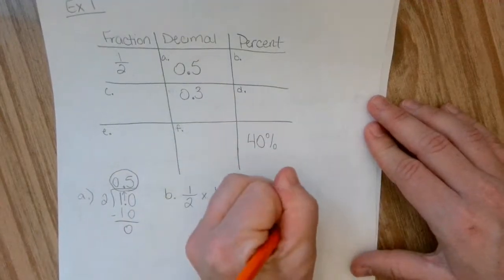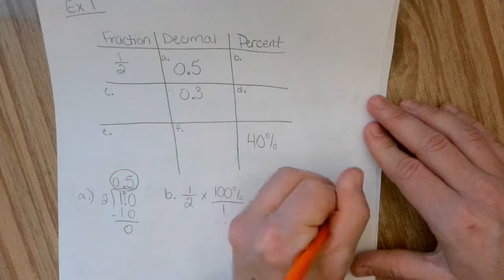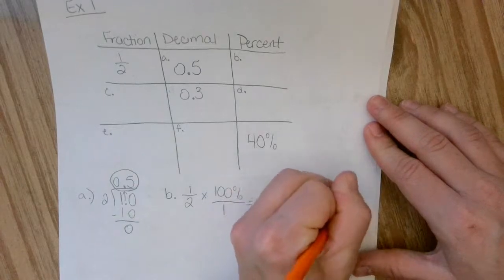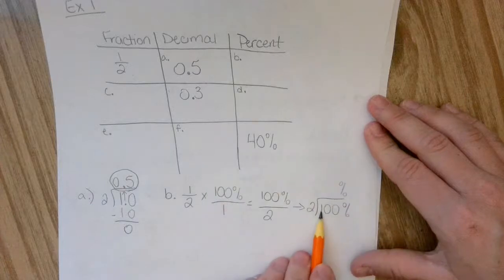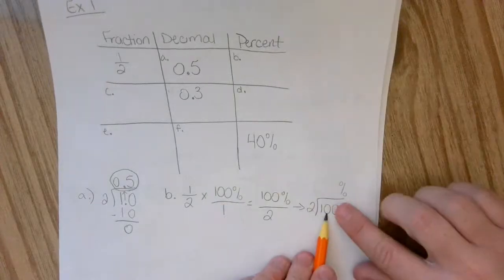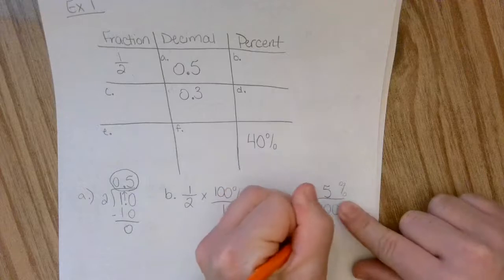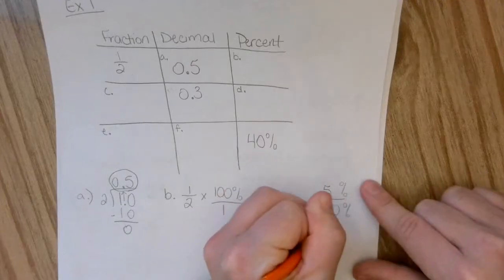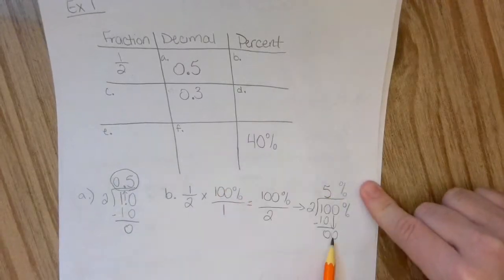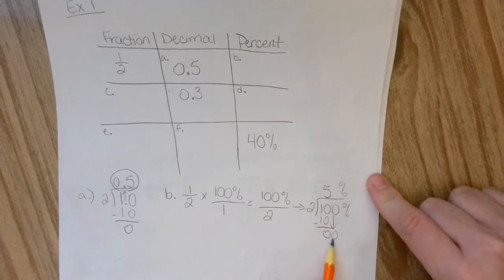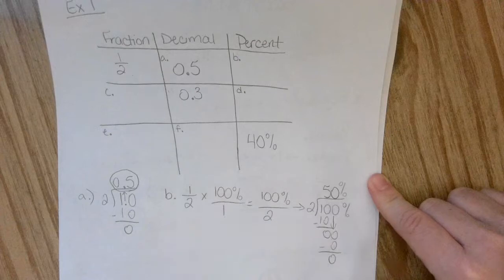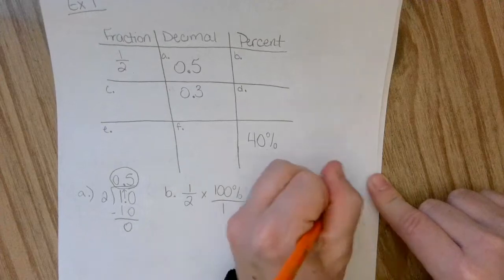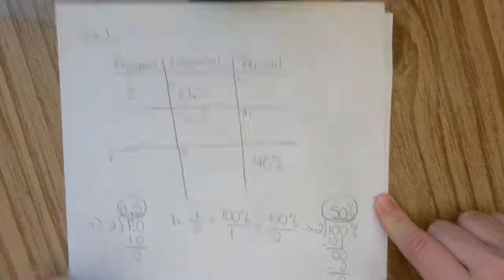And then I'm going to divide that 100% by 2. So 2 cannot go into 1, but 2 can go into 10 5 times. Of course, I don't have a remainder, but I have to pull down that last 0. So 2 can go into 0 0 times. And that's my answer for letter B, is 50%.